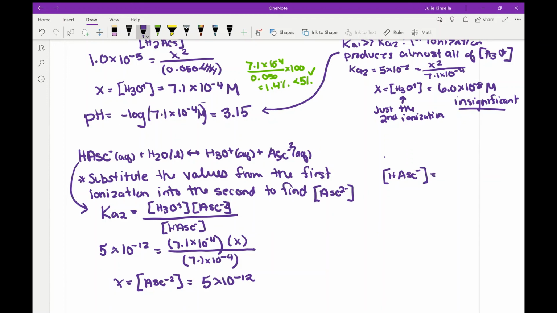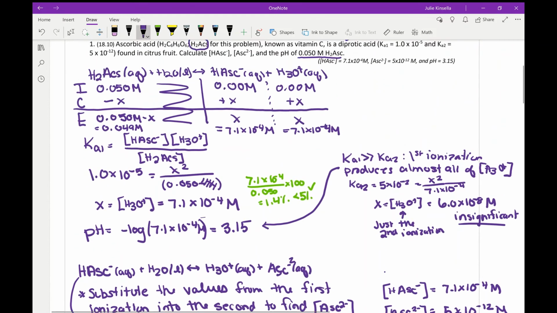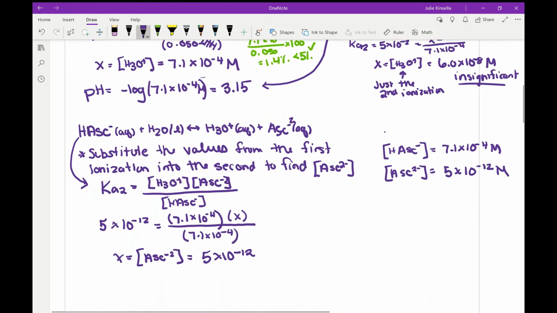That's going to then get ionized, and that was 7.1 times 10 to the negative 4. It then asked us for the concentration of the anion after the second ionization, and that's 5 times 10 to the negative 12. You can see it's much smaller. And then it also asked us for the pH, which we found above. So pH is equal to 3.15.